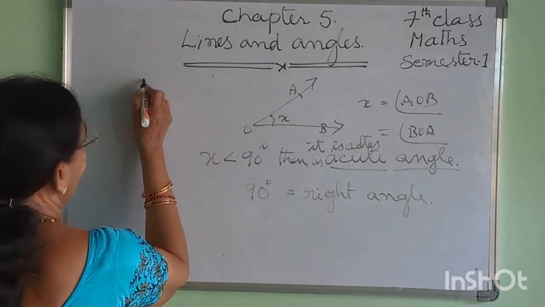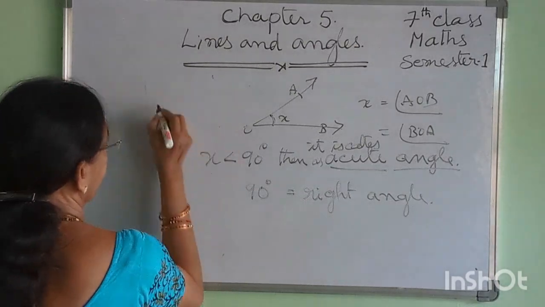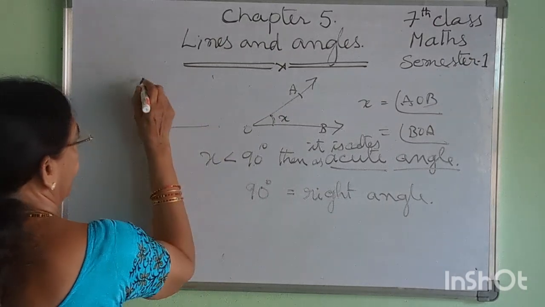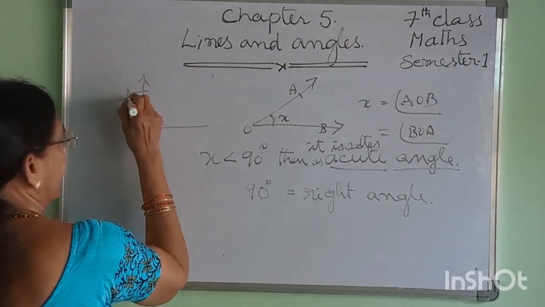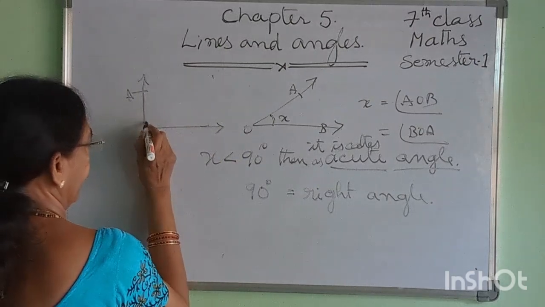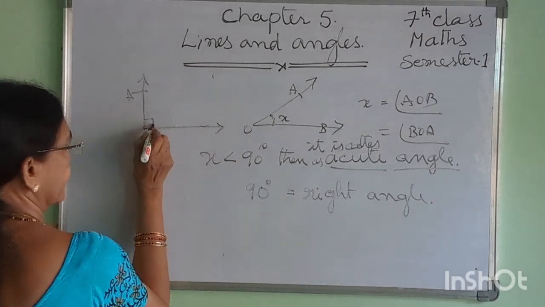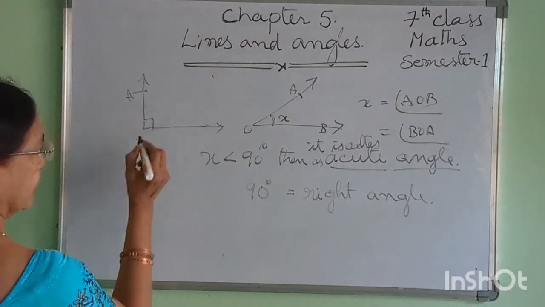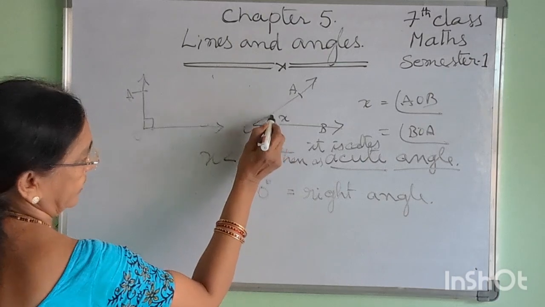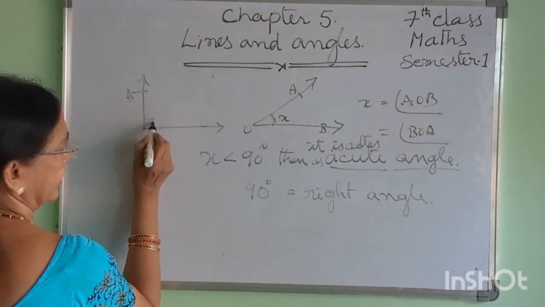A right angle is like this, perpendicular. Here a right angle is denoted like this. Any angle is marked in the usual way, but a right angle is specially marked.